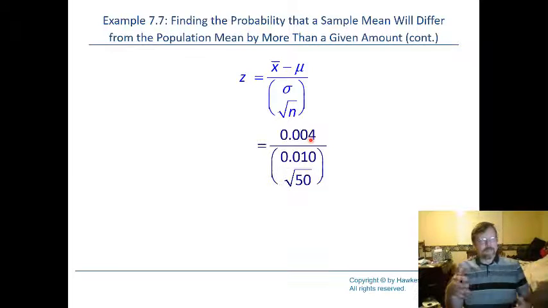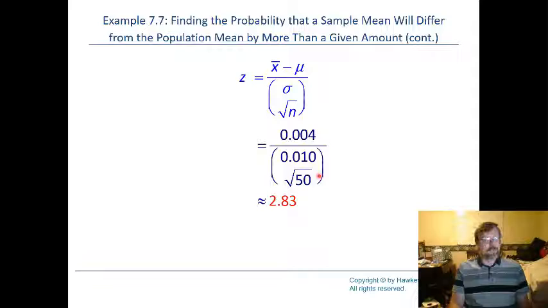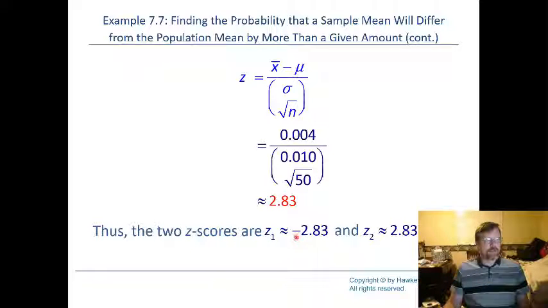They stuck with the positive side, just less to keep track of without the negative sign. Standard deviation is 0.01. Sample size was 50. That gives us 2.83. So our z-scores are plus and minus 2.83.